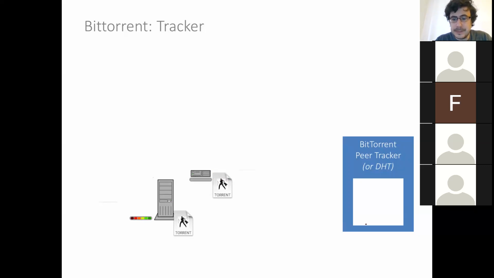This tracker is sometimes centralized, like on a server. There are several central peer trackers available and they all more or less do the same thing. Or there is the option of using what we've seen, which is a DHT, a distributed hash table. This distributed hash table is coordinated amongst the peers operating in the network, and it stores information about which peers are active. So what does this tell us?